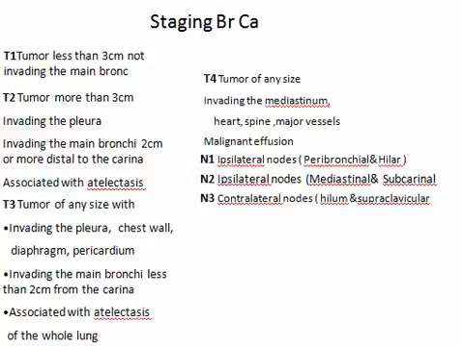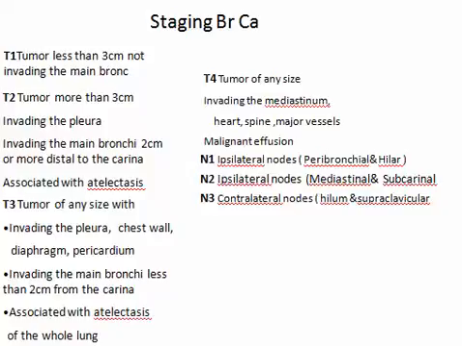If it is invading pleura, chest wall, diaphragm, pericardium, or invading main bronchus, stopping short at the carina, 2 cm from the carina, or with associated atelectasis, all are called tumor T3, but this is of any size. When it is larger than the known 3 cm.